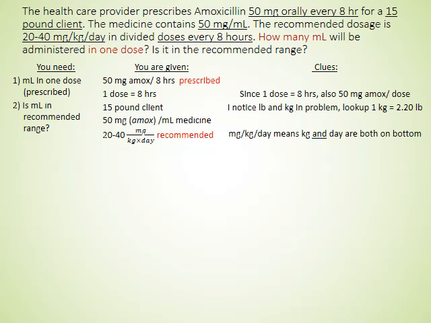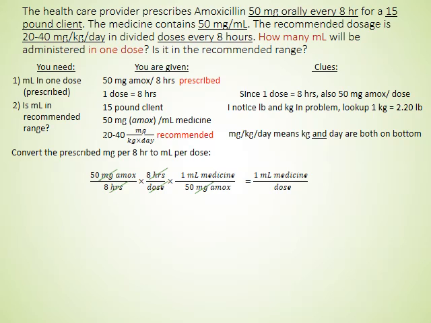We're also told that it's 50 milligrams of amoxicillin per milliliter of medicine. And then we're given the recommended dosing of 20 to 40 milligrams per kilogram per day. And again, per kilogram per day would mean that both of those would be on the bottom of the conversion factor. So we will begin by taking the prescribed milligrams per 8 hours to milliliters per dose.